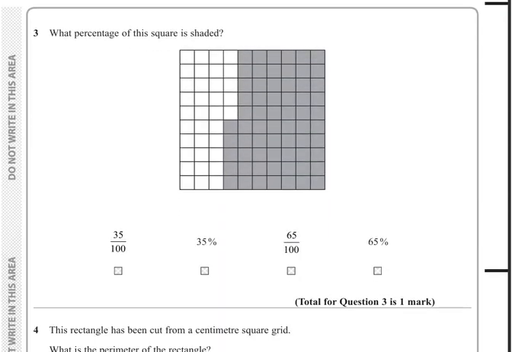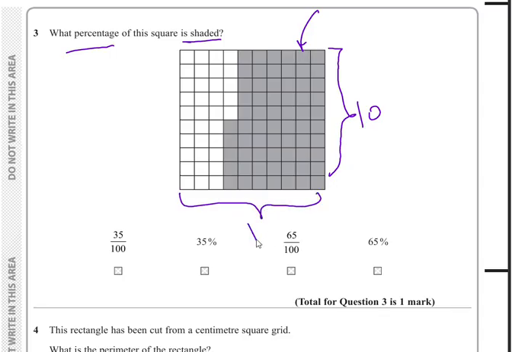All right, moving on. So what's the percentage? Whenever we're asked to find a percentage of shapes or squares like this one, first of all, we're asked to find the shaded ones. So the shaded here, we have to count them. We have 10 squares from here, and 10 squares from here.